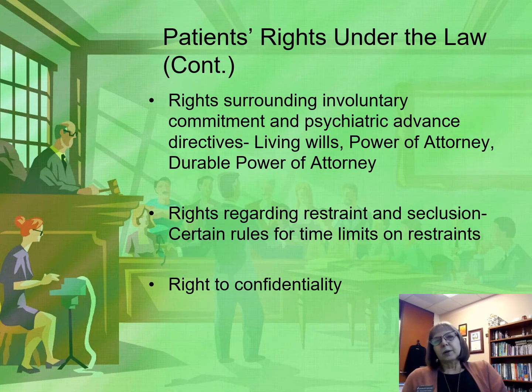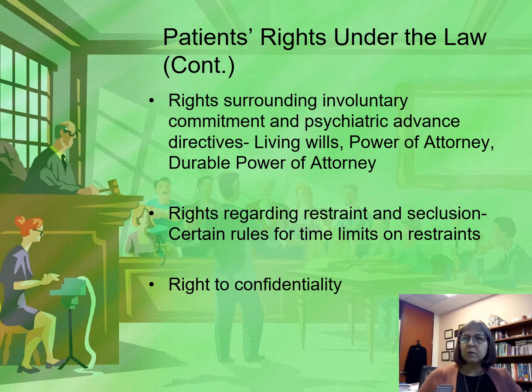There are rights surrounding involuntary commitment and psychiatric advance directives. These come in the forms of living wills, powers of attorney, durable power of attorney, and rights regarding restraints and seclusions. You have to be familiar with policies and procedures. A perfect example is that there are certain policies and procedures for each agency or institution that have to do with how frequently you check restraints.